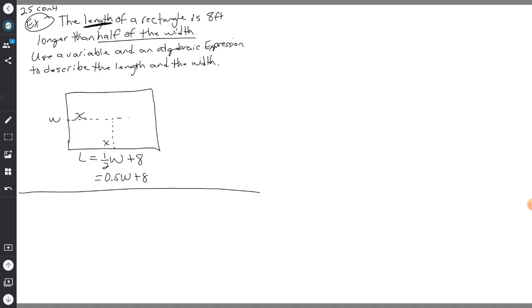Well, the only thing is that you're missing the half, even though x represents the half. So it wouldn't be, let's say, wx plus 8, because it would be the amount of the width.